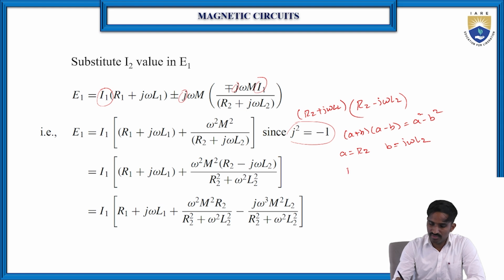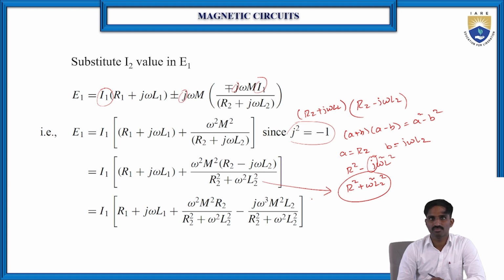So R2 square minus j square omega square L2 square; j square means again minus 1, so minus of minus is plus, and it becomes R2 square plus omega square L2 square. Because we are multiplying the numerator and denominator by this term, the numerator is written again as it is. Then if you simplify further, the equation will become like this.